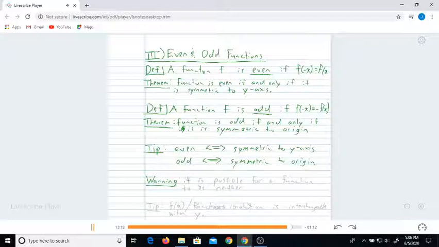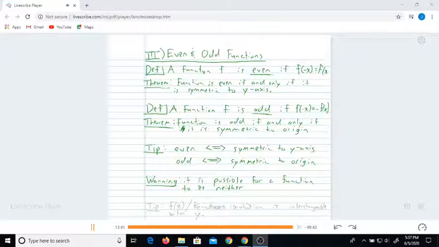It is possible for a function to be neither. Because you can have a function with no symmetry at all. So just because a function's not even, that doesn't automatically mean it's odd. It could be neither. And we've already covered this, so there's no point in doing any examples.